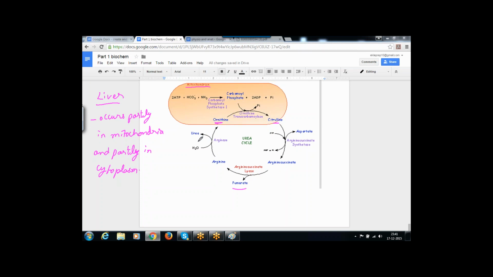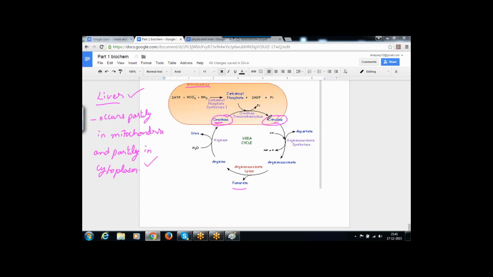So again, you need not know the cycle, you need not know all the intermediates. Points which you have to know: it occurs in liver. Second point, it occurs partly in cytoplasm and partly in mitochondria. Thirdly, two non-protein forming amino acids are intermediates. Their names are ornithine and citrulline.